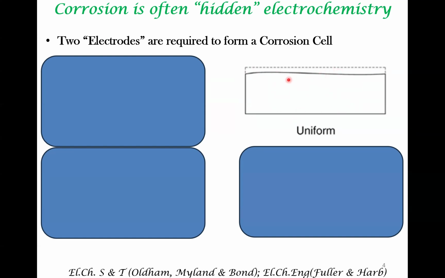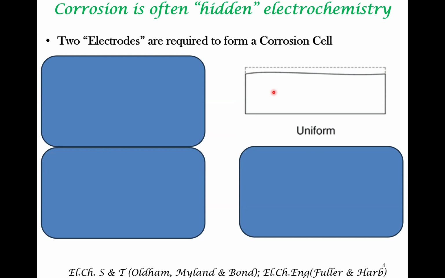So the role of electrochemistry in this case is not very clear. So because of these reasons, the connection between electrochemistry and corrosion was delayed. But later it was made, and we will look at corrosion from a fairly electrochemical viewpoint.